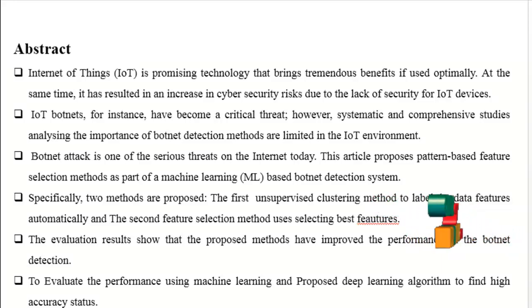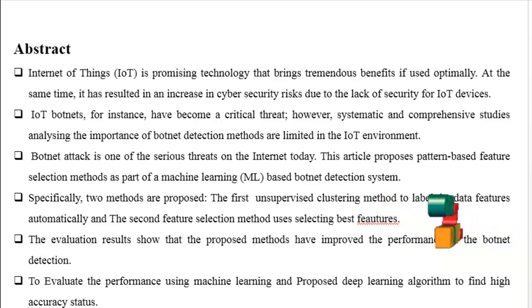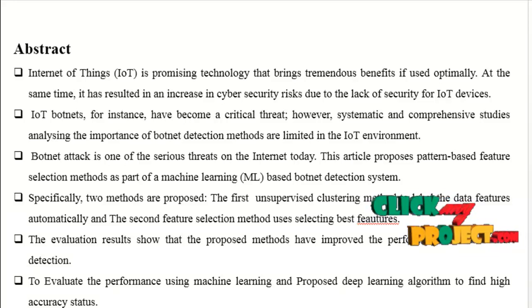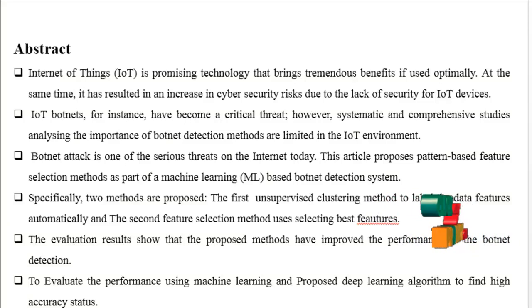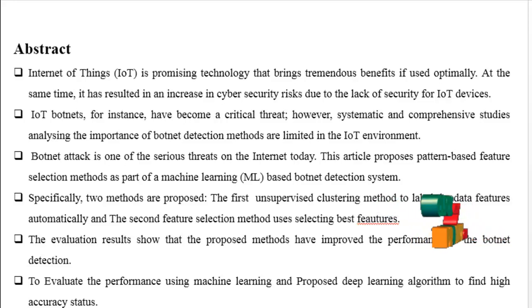The evaluation results show that the proposed methods have improved the performance of botnet detection. To evaluate the performance, we use machine learning and a proposed deep learning algorithm to find high accuracy status.